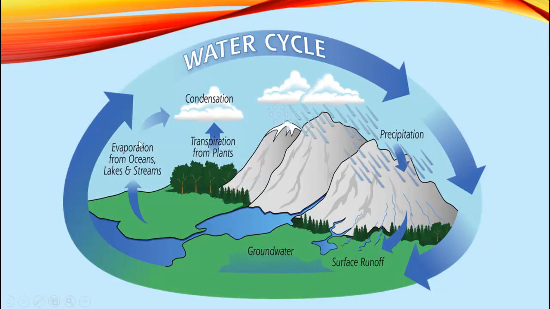First, evaporation of water from oceans, lakes and streams, and also transpiration from the plants, produce water vapor, and this water vapor will condense to form clouds, and after some time these clouds will produce precipitation, and the water from precipitation will run off on the Earth's surface or go underground.